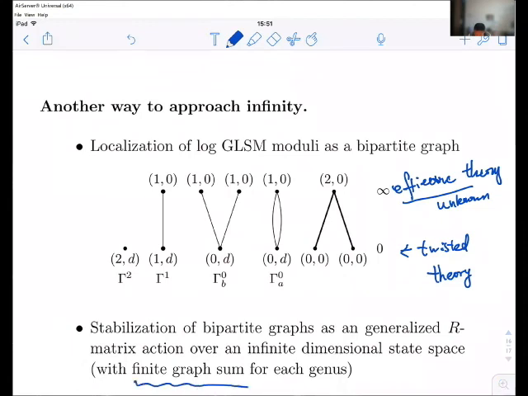That makes this graph sum computable, because we can do some argument to say that for each genus there is some bound for this effective theory, such that only finitely many effective theories exist in each case.